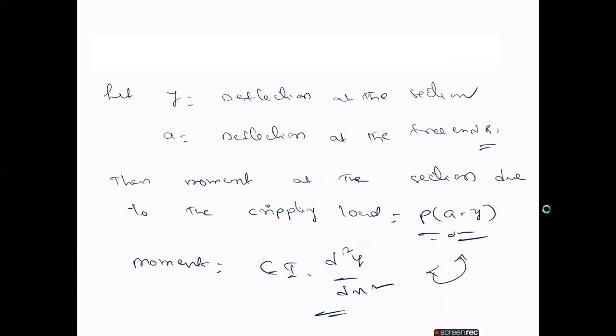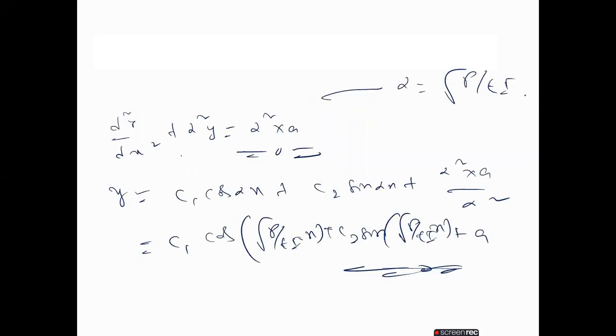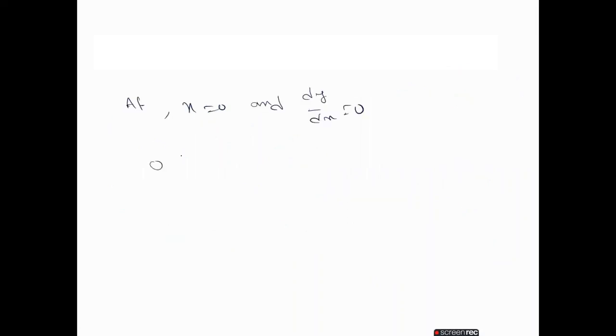So I will take the boundary conditions and substitute them into the above equation. At A, x equals 0 and dy/dx equals 0.